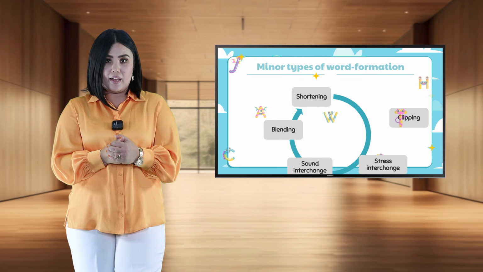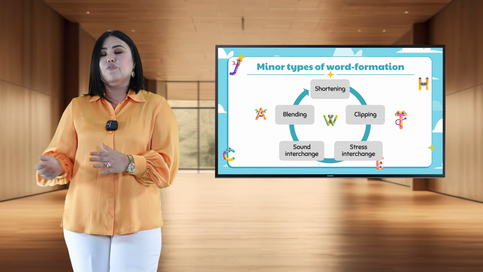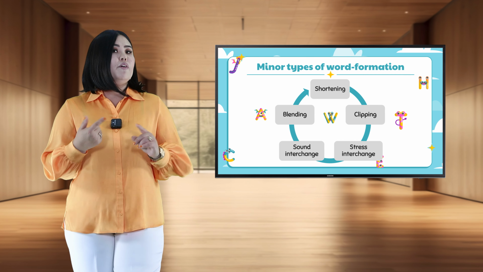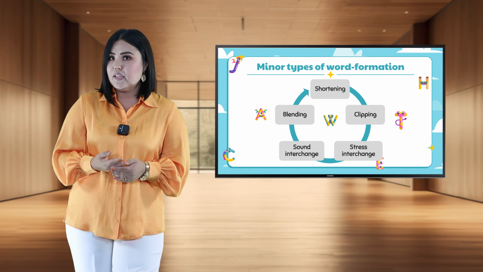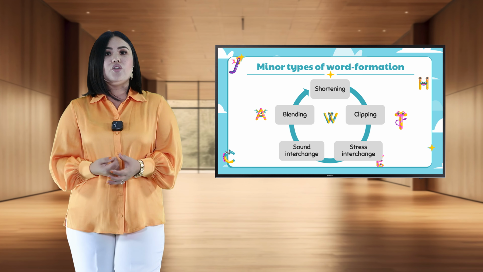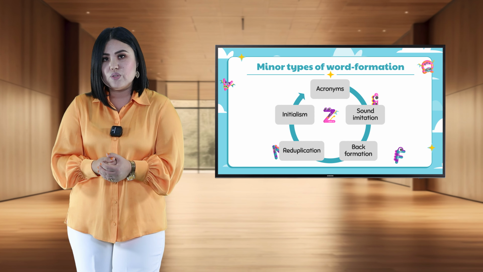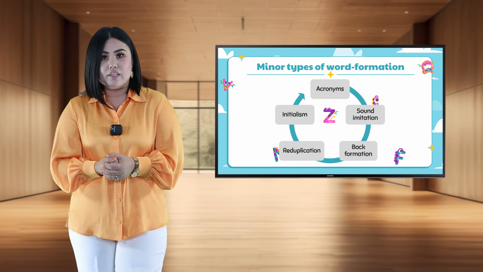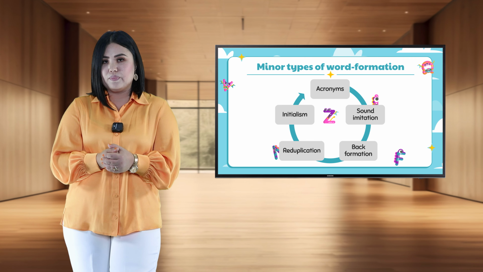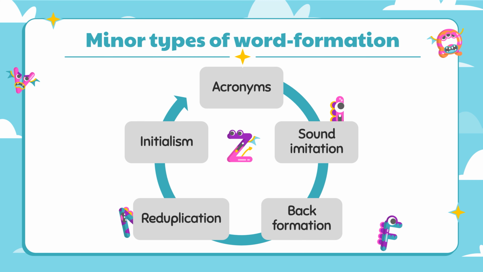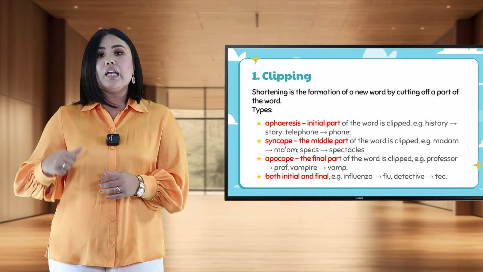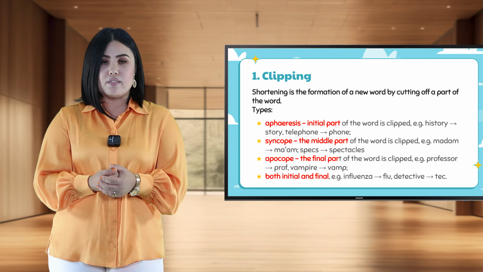Now we also have minor types of word formation. They are clipping, back formation, blending, sound interchange, stress interchange, sound imitation, reduplication, and etc. Okay, shortening as a type of word formation includes clipping and abbreviations.